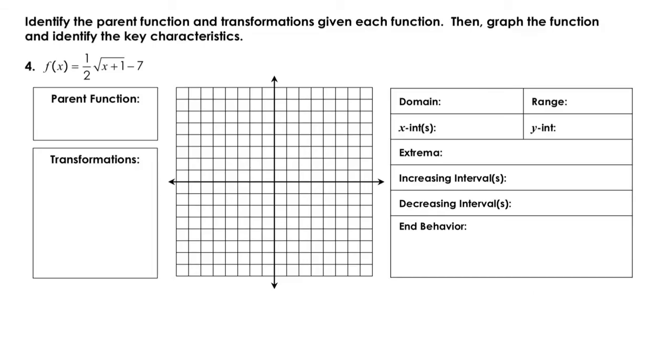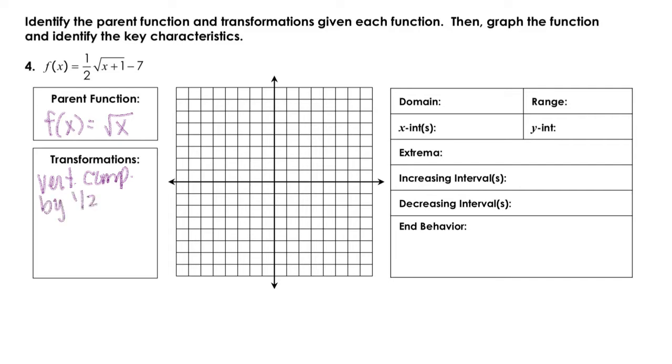Okay, so for our next function, notice what all it does ask us for. And so for the first thing, we definitely need to identify the parent function, which is going to be f of x equals the square root of x. And then when we talk about our transformations, we have a vertical compression, and that is going to be by 1/2.